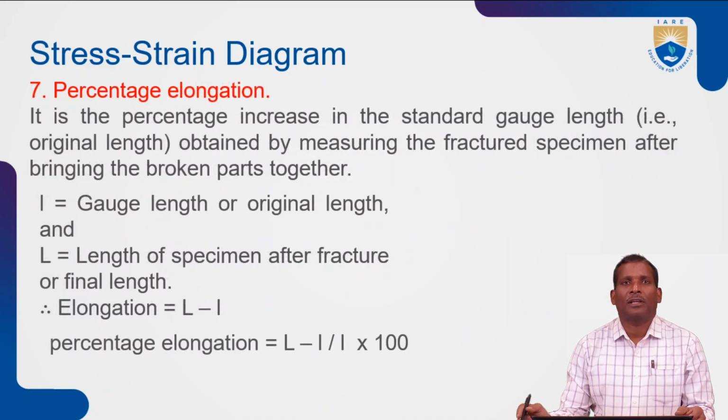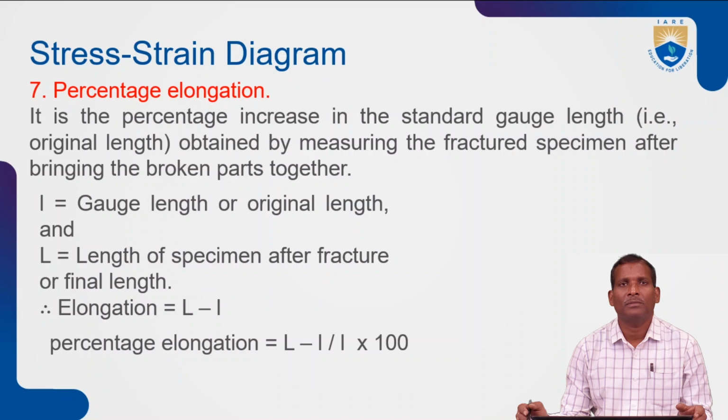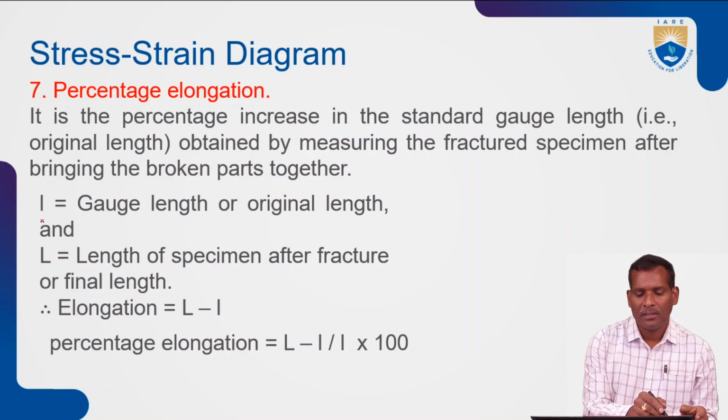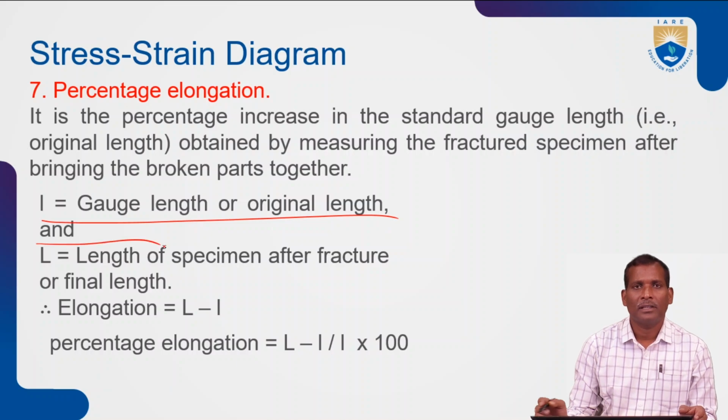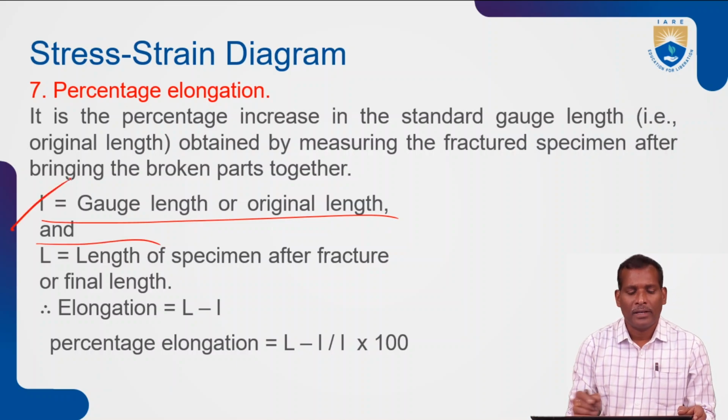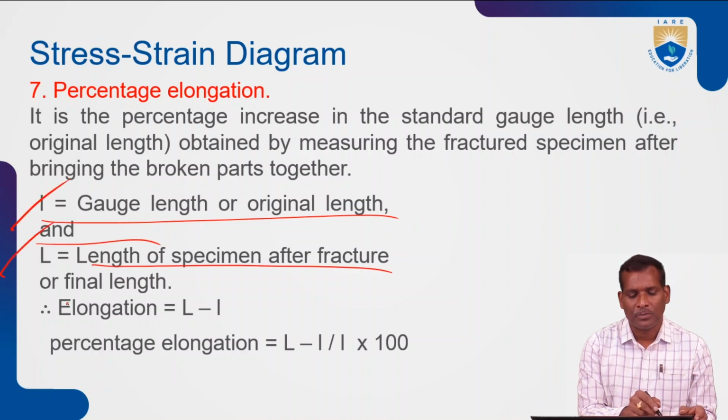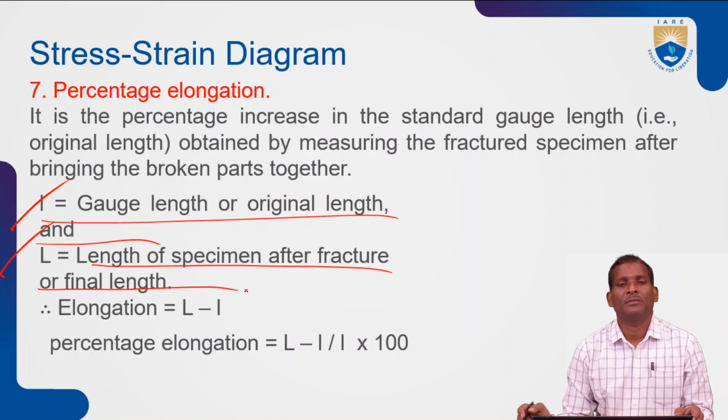Similarly, percentage elongation. It is the percentage increase in the standard gauge length, that is the original length, obtained by measuring the fractured specimen after bringing the broken parts together. Let the gauge length or original length be l and capital L the length of the specimen after fracture, or final length.